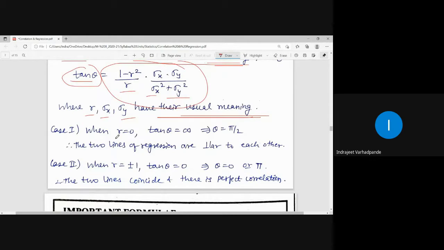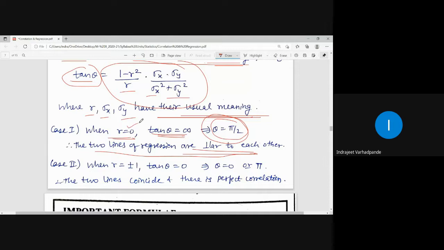What is case 1? When r is equal to 0, 1 minus 0 upon 0, 1 by 0 is infinity. So tan theta is equal to infinity. Theta is equal to pi by 2. When theta is equal to pi by 2, meaning 90 degrees, the two lines of regression are perpendicular to each other. And before this also we saw, if r is equal to 0, the lines are intersecting through their mean x bar, y bar and they are parallel to the axes, meaning the lines are perpendicular to each other.